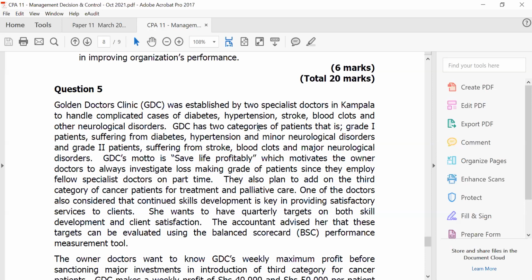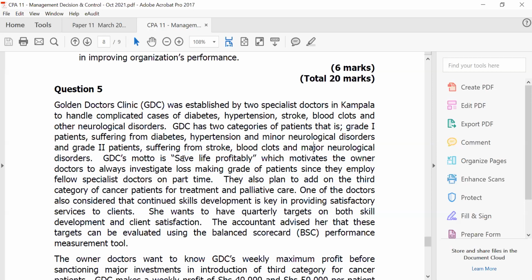GDC has two categories of patients: grade 1 patients suffering from diabetes, hypertension, and minor neurological disorders, and grade 2 patients suffering from stroke, blood clots, and major neurological disorders.